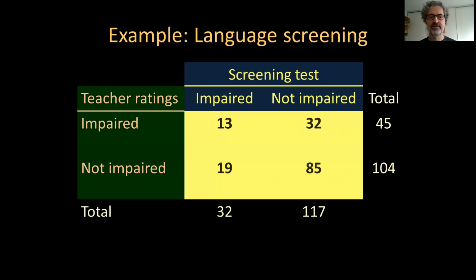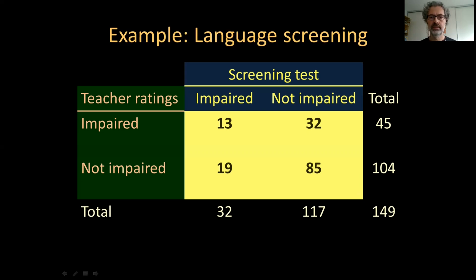So there were 32 children that were classified as language impaired based on the clinical evaluation, and 117 children classified as not impaired in total based on the clinical evaluation. And the grand total is the overall sum of cases. So there were 149 children in total.